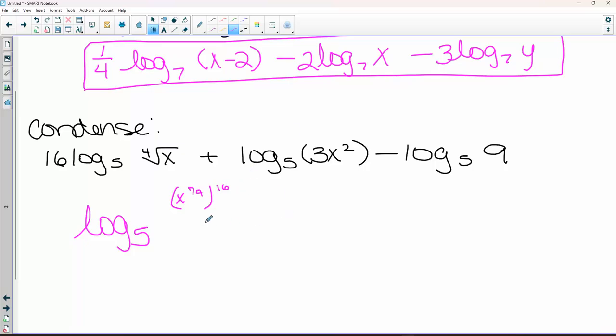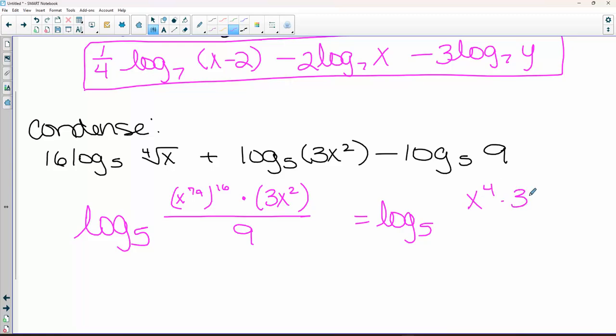Same thing. All right, this log was added, so that means I'm going to multiply my 3x squared. This log is subtracted, so I have to divide my 9. But I did give you that one on your homework where you had to simplify things. We can combine some of this. What is 1/4 to the 16th? Yeah, you multiply those exponents.